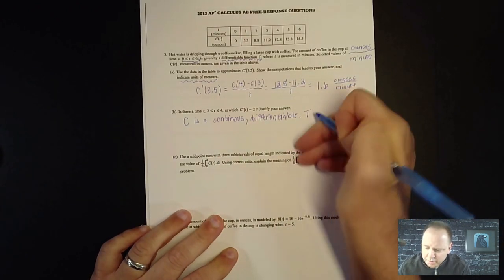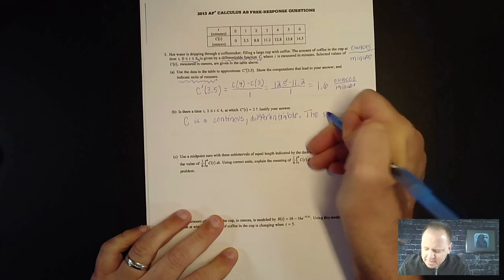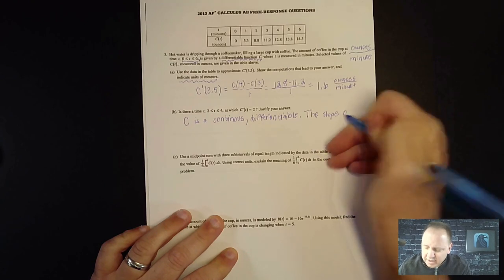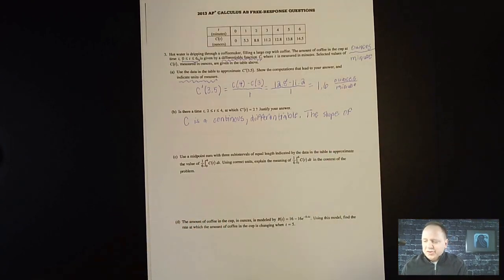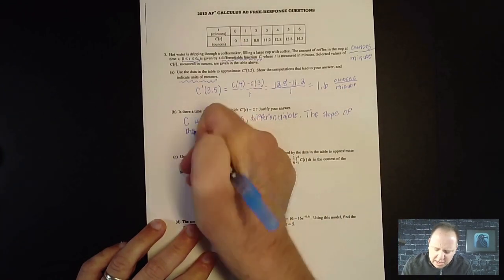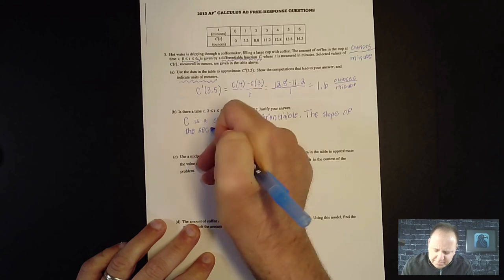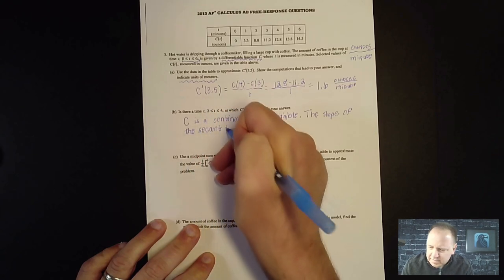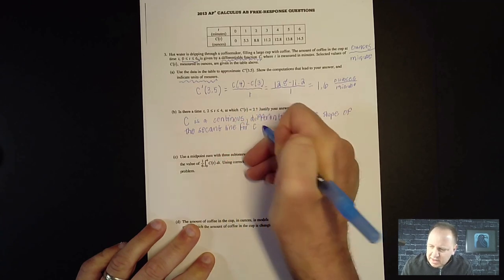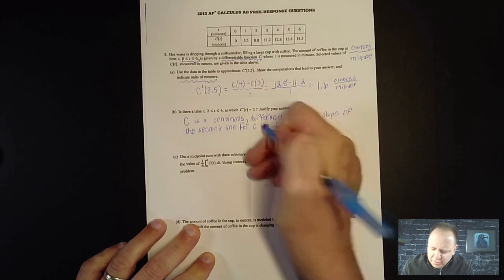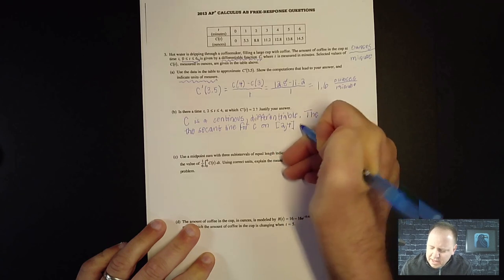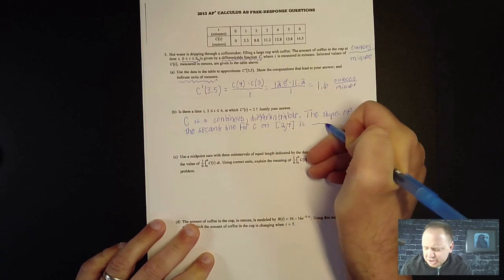All right, the slope of the secant line. I always like to formalize this. I think you'll never forget how to do this if you practice it a certain way and understand it a certain way. So the slope of the secant line for C on the closed interval from 2 to 4 is, now remember, I would show them this.